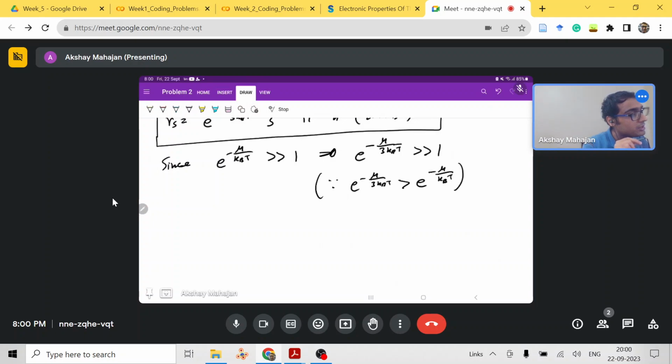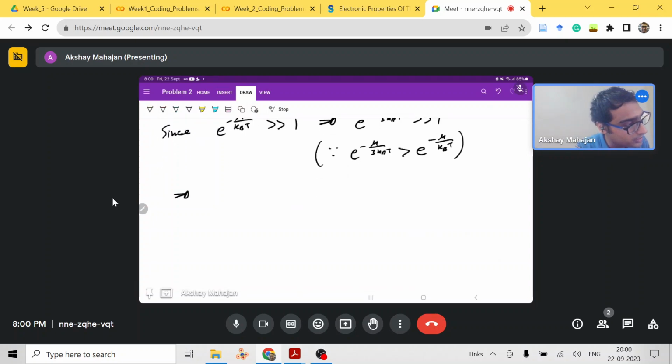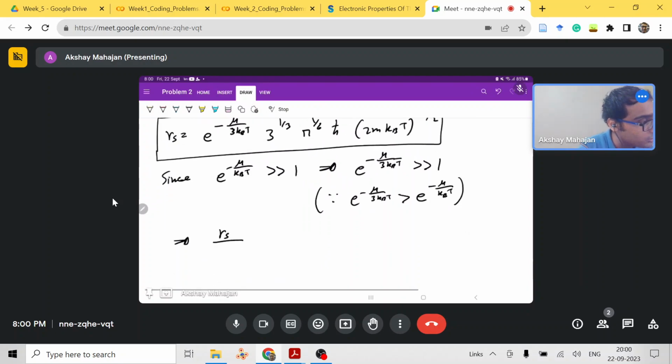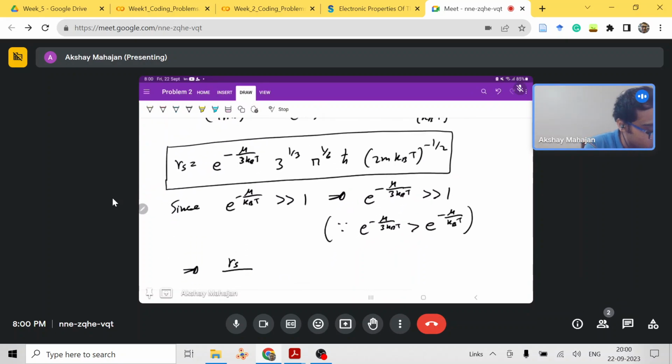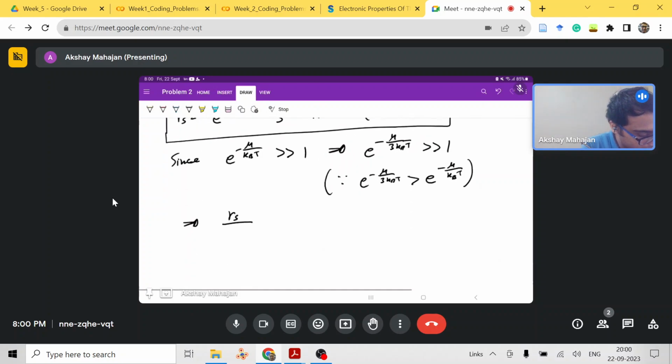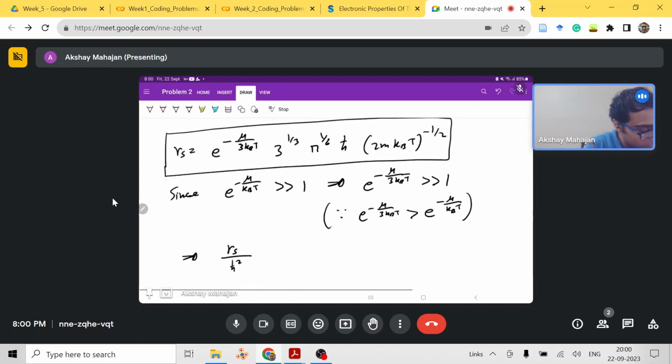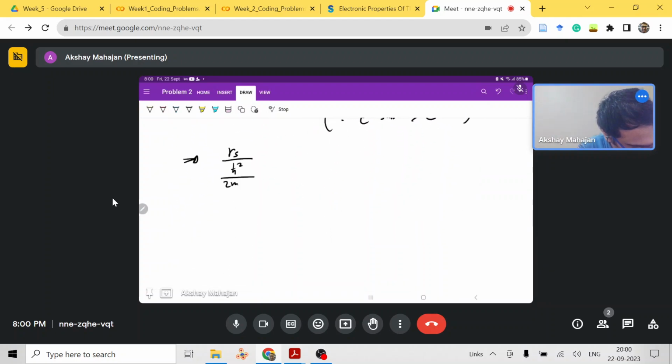Right, so this implies if I do rs upon h cross square by 2m kBT, this term, from the rs equation, comes as 3 to the power 1 by 3.